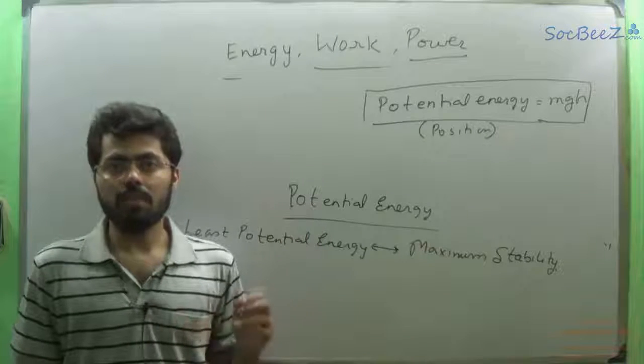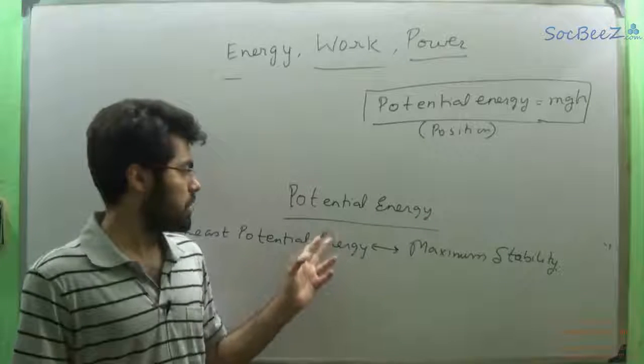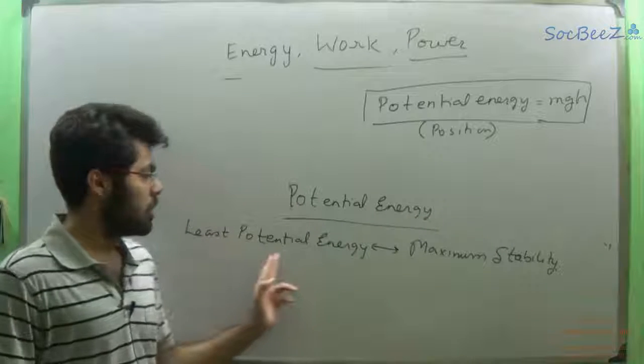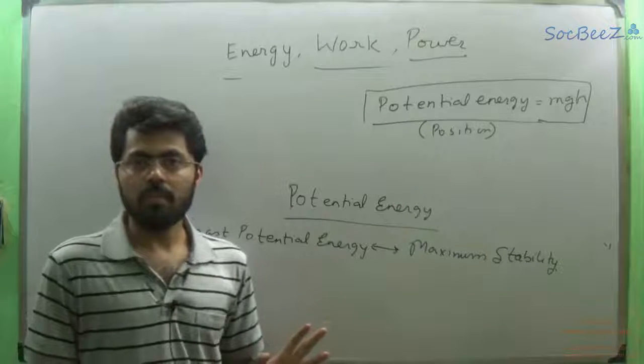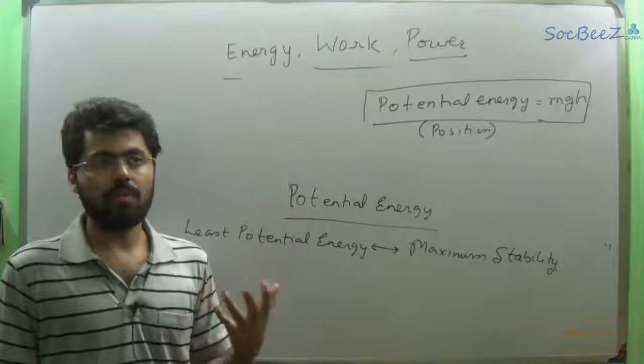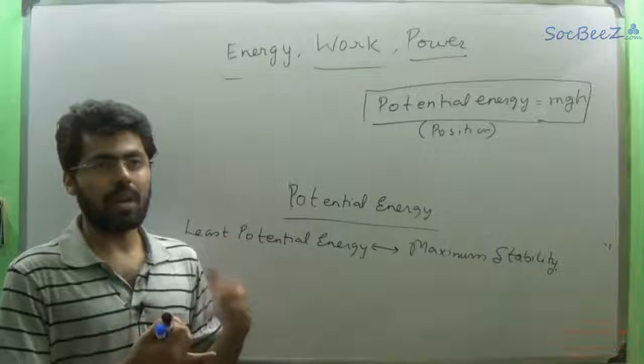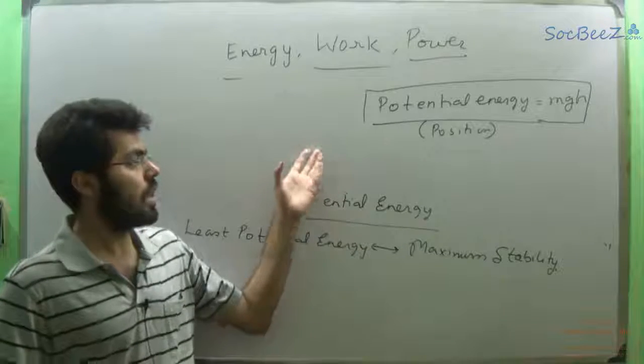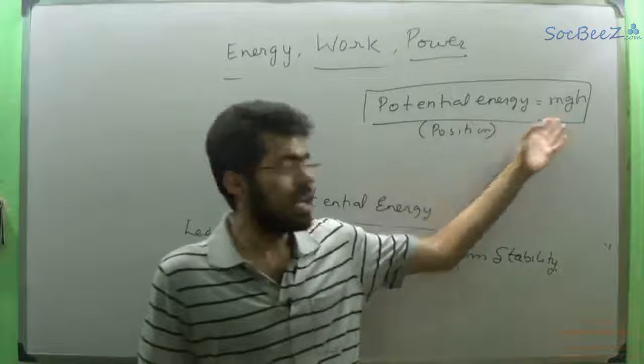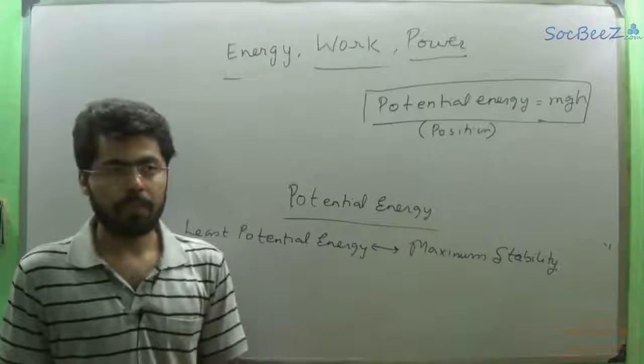And the maximum stability comes only when the object is at the least potential energy state. Now this potential energy can be because of different kinds of forces. Gravitational forces lead to gravitational potential energy, which you just saw, mgh. This is your gravitational potential energy.